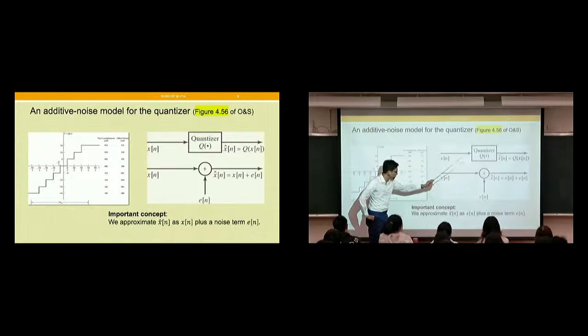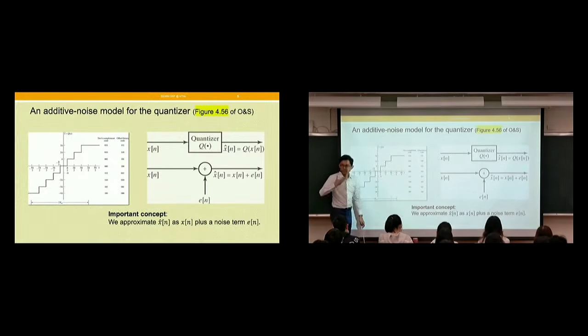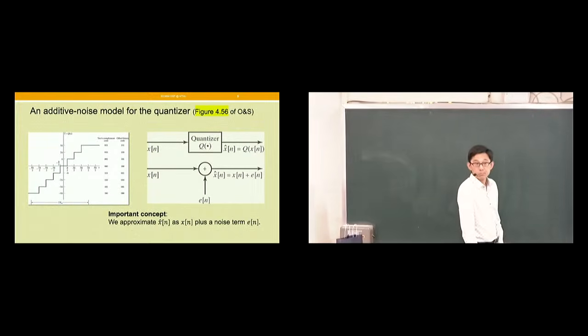As I said, it's an important concept in that we approximate quantization as if it's your signal plus a noise term. Later, we'll try to convince you that this error looks like noise. And that's not the most straightforward thing to understand, so I want to take it slowly to make sure it's clear to everybody.